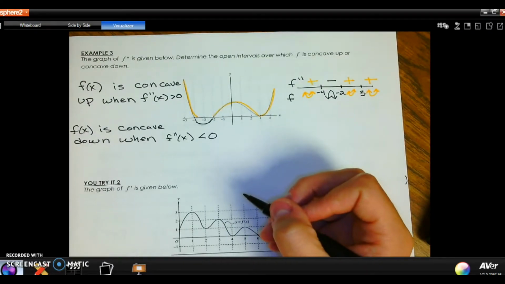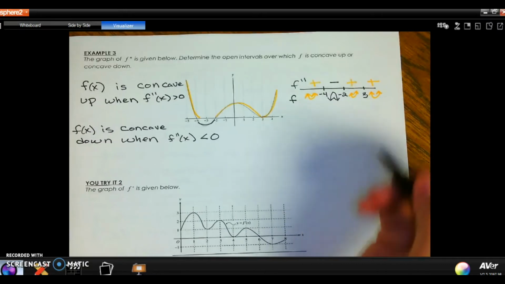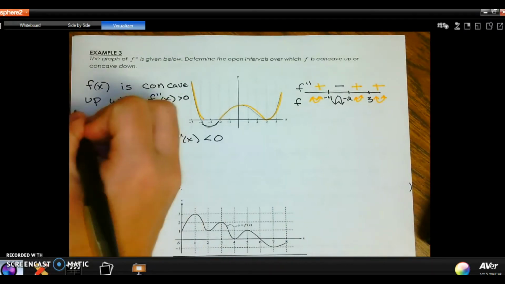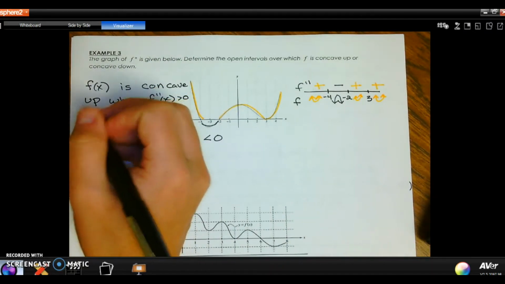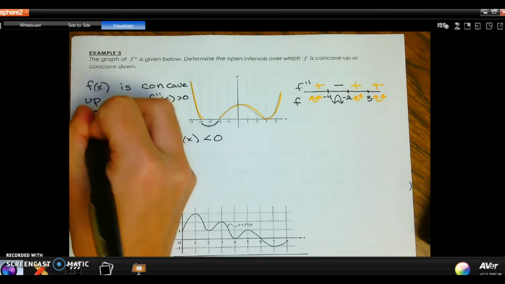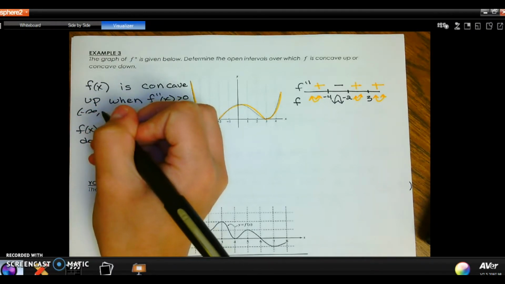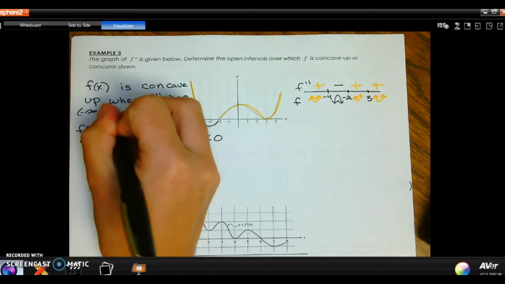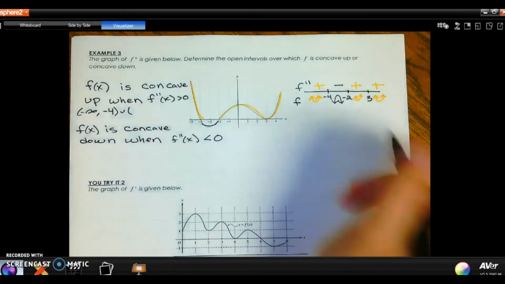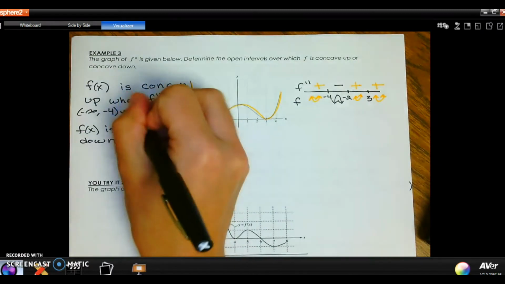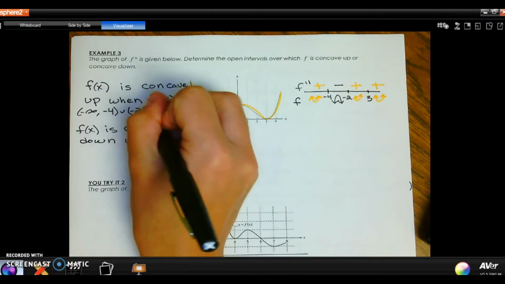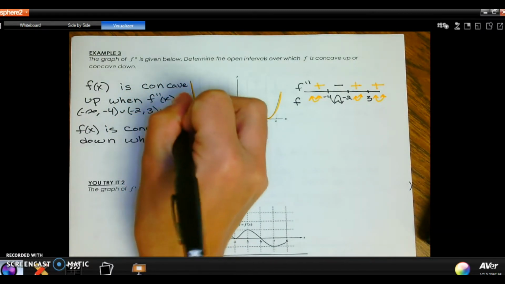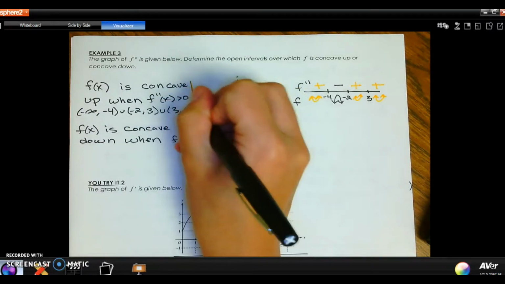So in this case, it's concave up from -infinity until -4, union, and then it's concave up again from -2 to 3, union 3 to infinity.